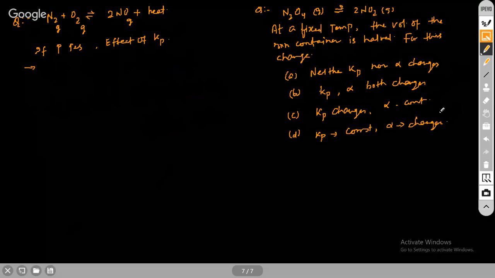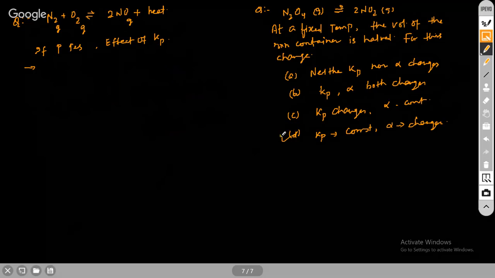Niranjan is saying D, Sukir is also saying D. Anyone else? Yeah, it's right. Option D is correct.